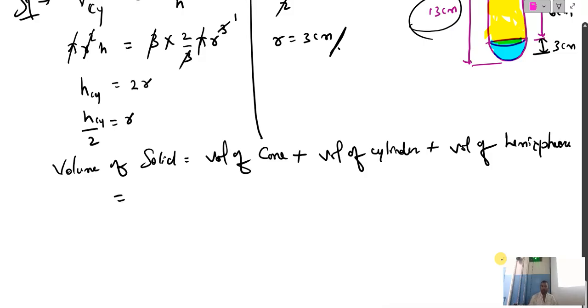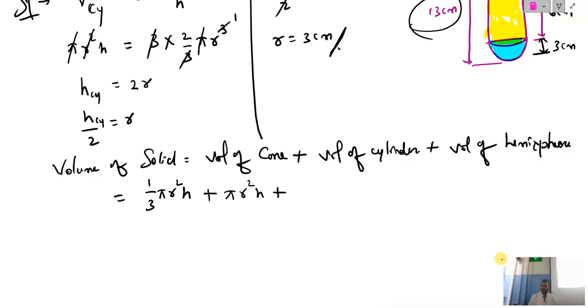Now, what is the volume of cone formula? 1 by 3 pi r square h. Volume of cone is 1 by 3 pi r square h plus volume of cylinder is pi r square h plus volume of hemisphere 2 by 3 pi r cube.